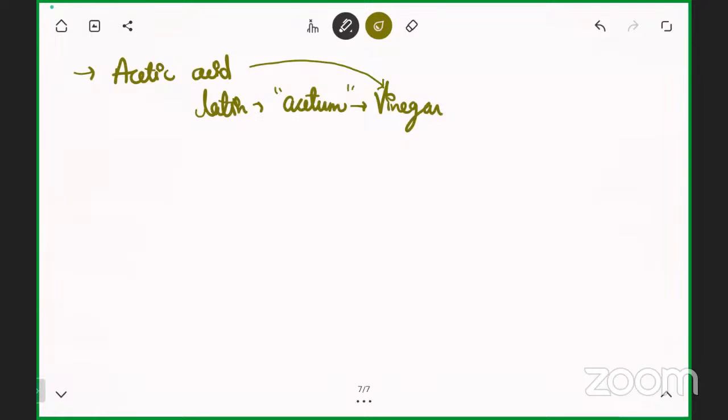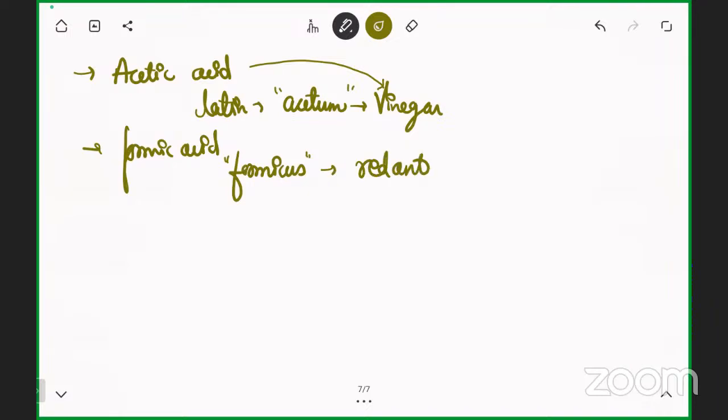Formic acid is taken from the word formicus. Formicus was the word denoting red ant, and this is a Greek word.